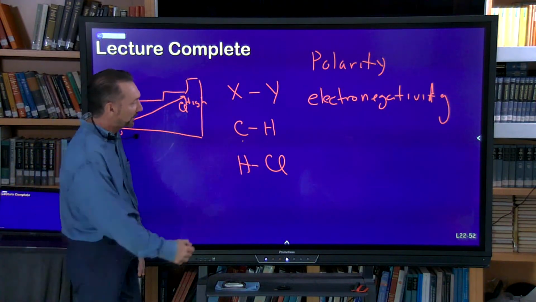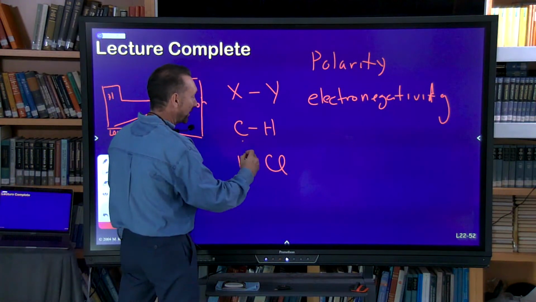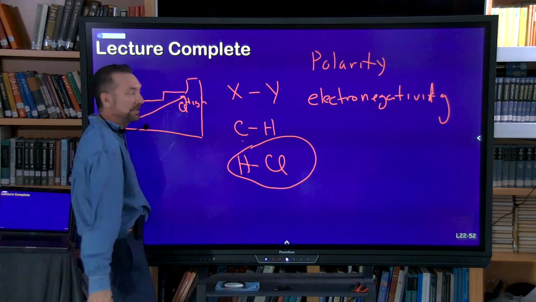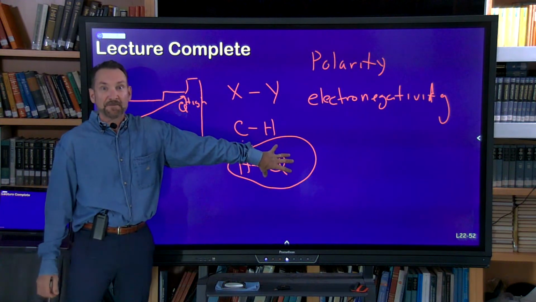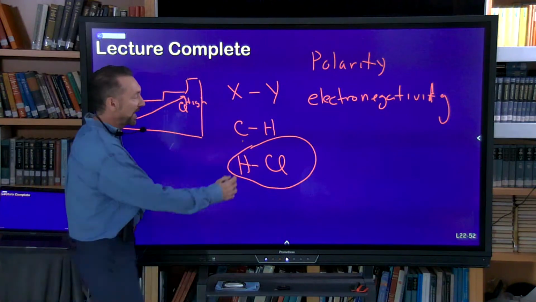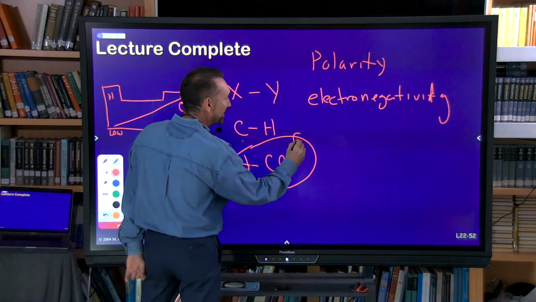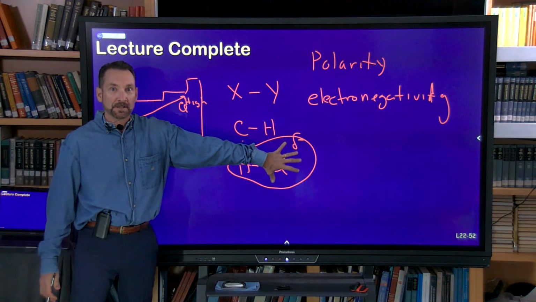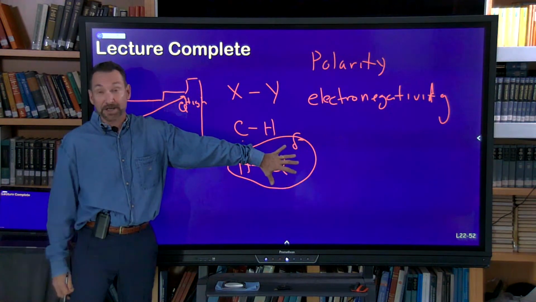But anyway, electronegativity. This is the more electronegative element. And that means the electron cloud is favored. There's more amplitude when you form that molecular orbital. There's more amplitude over here. So there's a little bit of negative charge. Electrons spending more time over here, if you like.